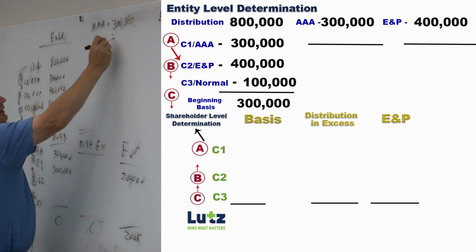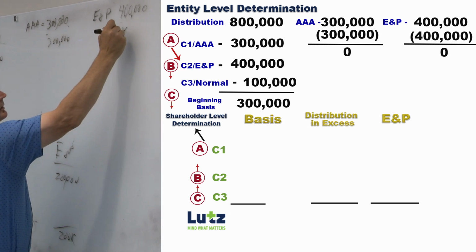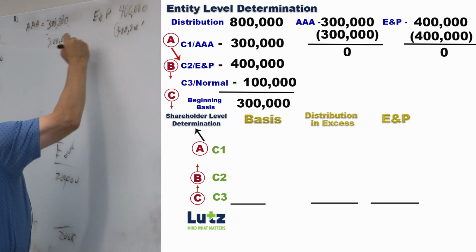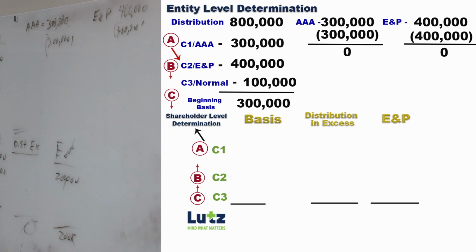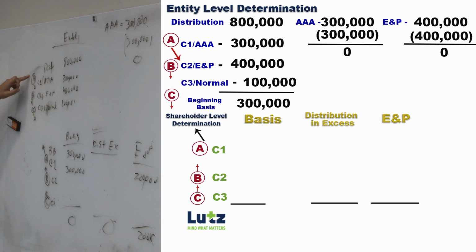Okay, so now I have 300 gone, and I have 400 gone. So now this is 0, and this is 0. Now that we've accounted for these items at the entity level, now we have to drive it down to the individual level.